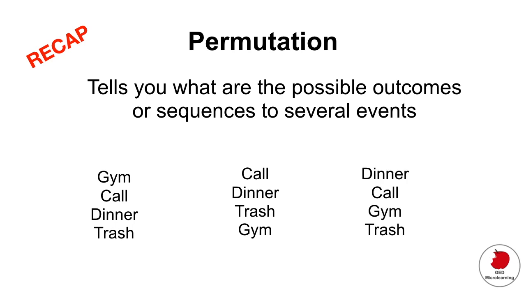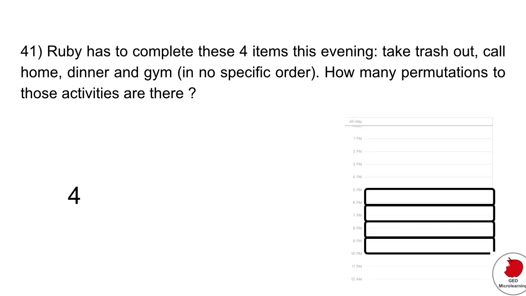So how do you do these questions? The way that I like to think about it is like this. Imagine you have your calendar there on the right, and you have these 4 slots of 1 hour. Each of these slots is going to be for each of these events. Right now this person has 4 slots, so that's why we have a 4 there on the left. And we're just going to randomly say they're going to have dinner first.